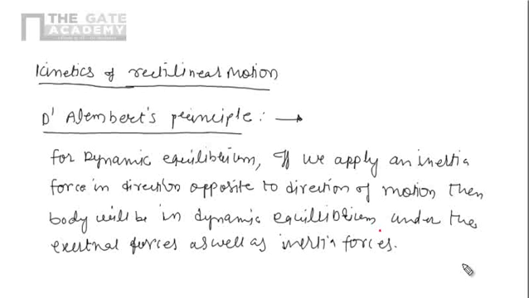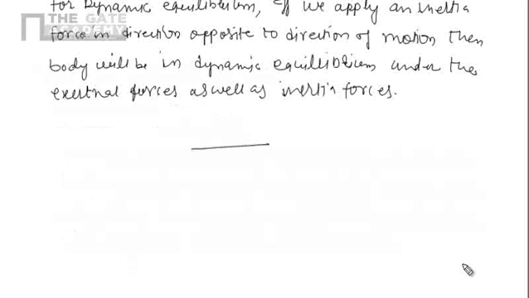So let's talk about a simple body, a simple block, and we are applying a force F. Now, if we want this system to be in dynamic equilibrium, then we have to apply an inertia force which will be opposite to the direction of motion, and we know the inertia force value will be mass into acceleration.